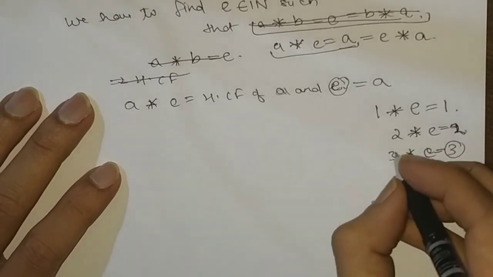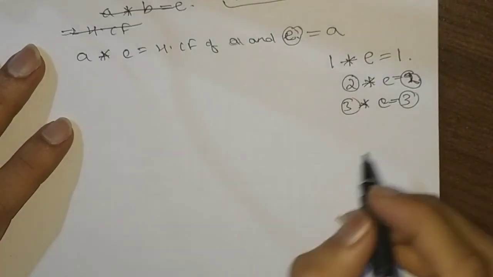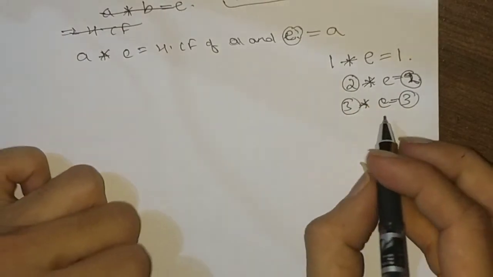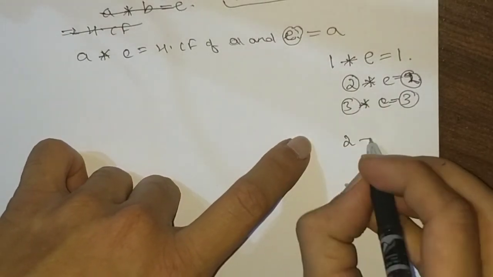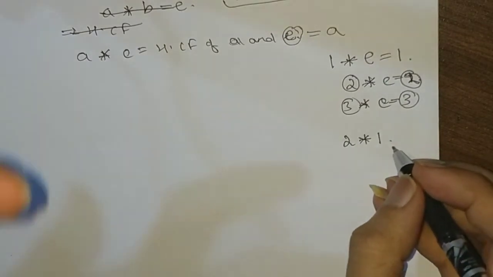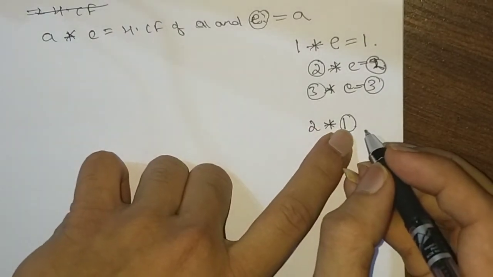You have to get back this number. So actually there does not exist any number like this. Why? Because the most probable element you can take is 1.